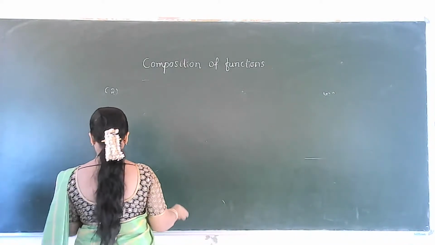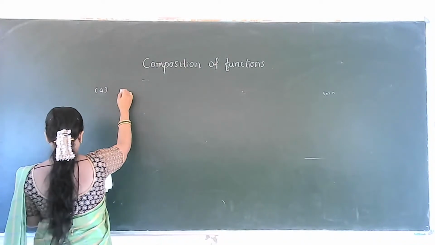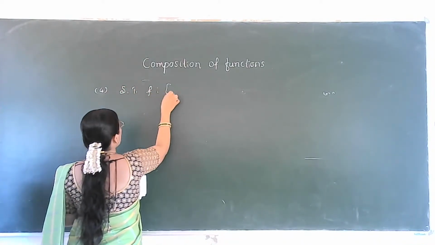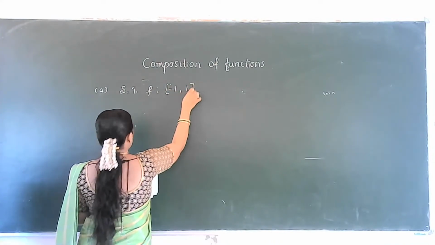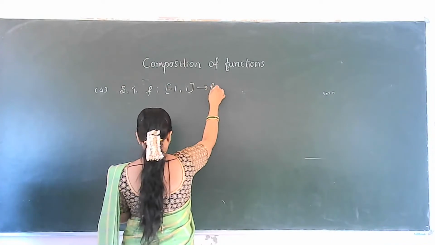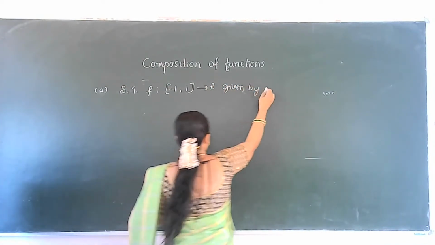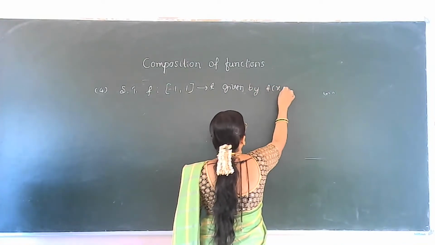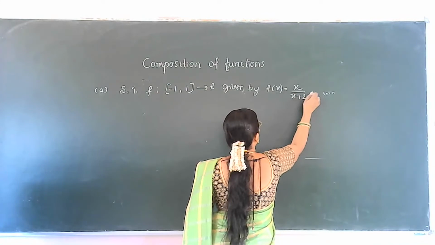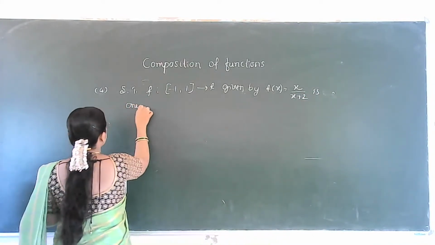Show that f is a function from -1 to +1 to R given by f of x equal to x divided by x plus 2 is one-one.